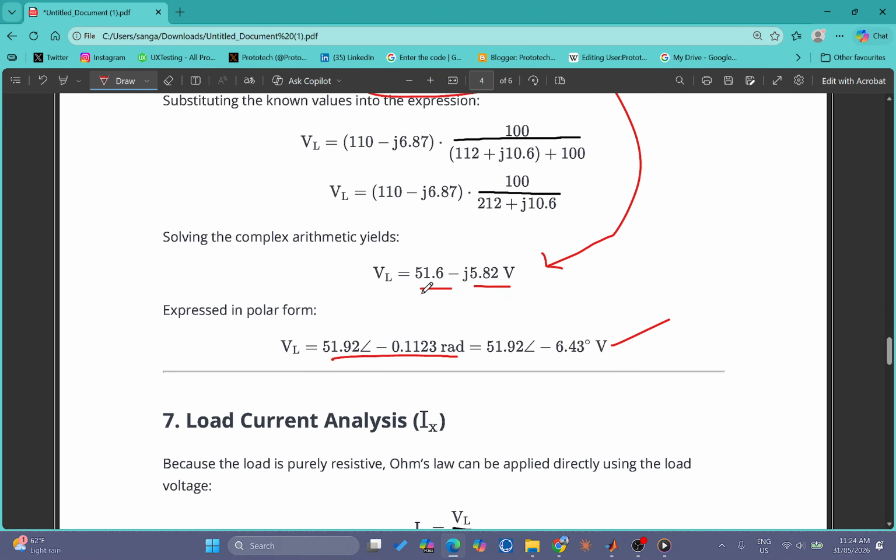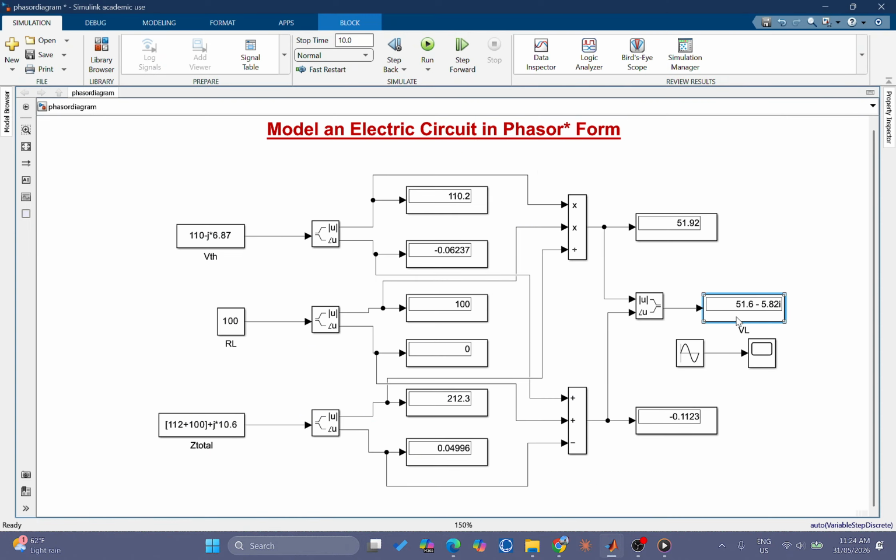By mathematically calculating it, we also got 51.6 minus j5.82.